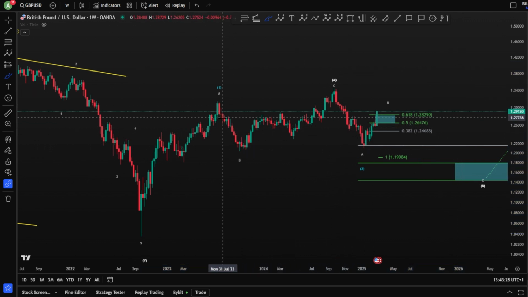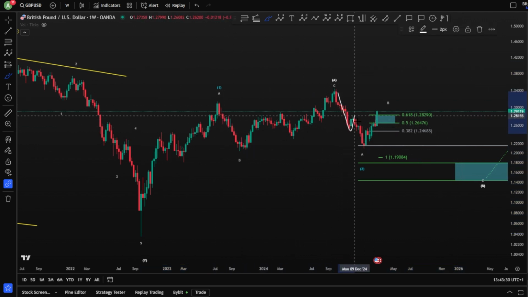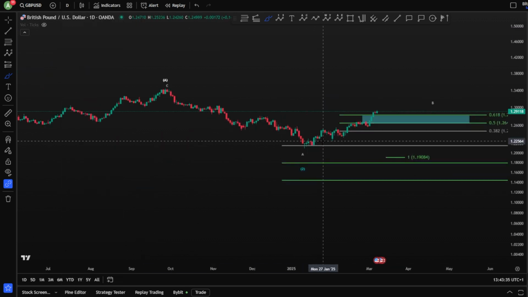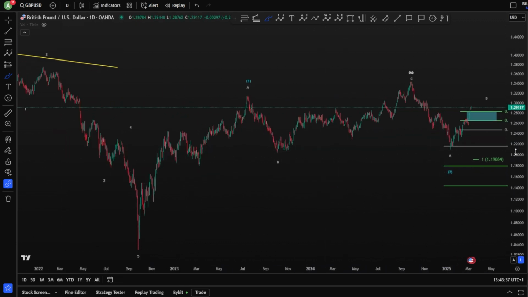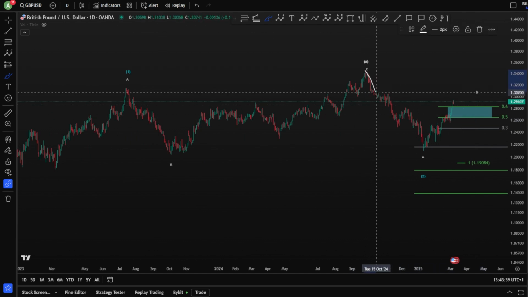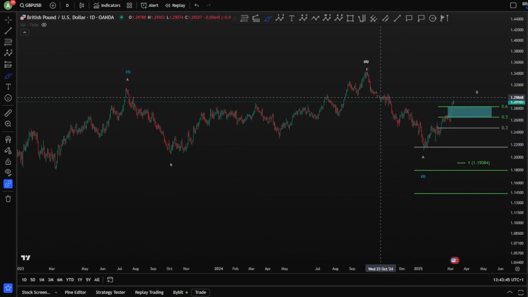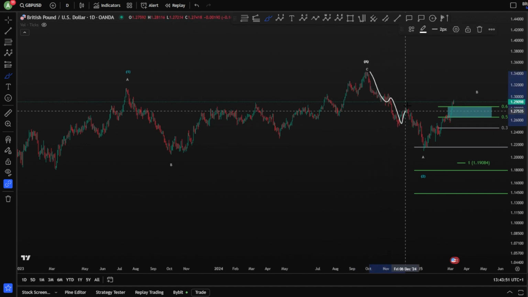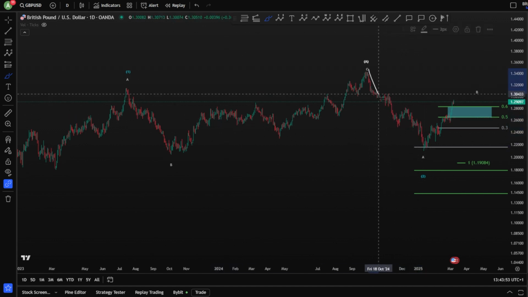So basically this looks like an impulse, but on the weekly it looks like 3 waves, but maybe on the daily it looks much more impulsive. Not so much, no, because your wave 3 is actually shorter than your wave 5 and shorter than your wave 1. It's invalidated, meaning this is kind of a zigzag, the 3 corrective waves.